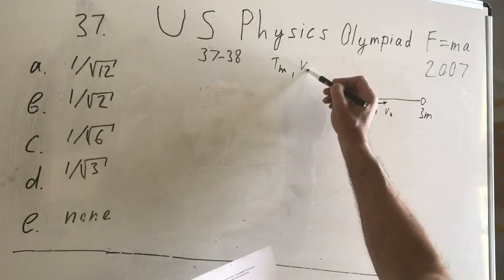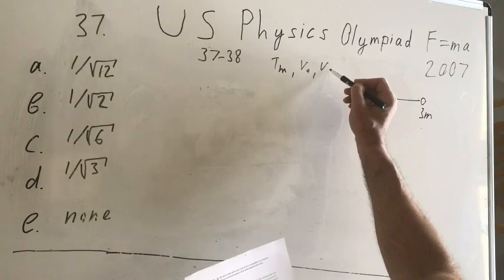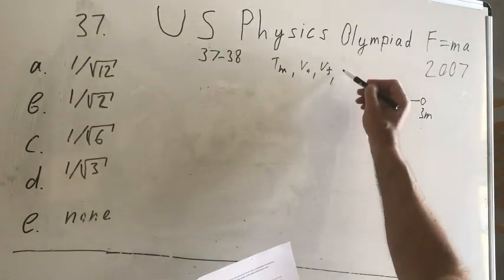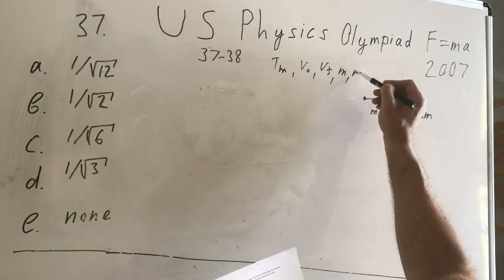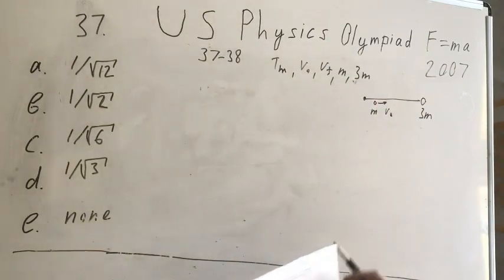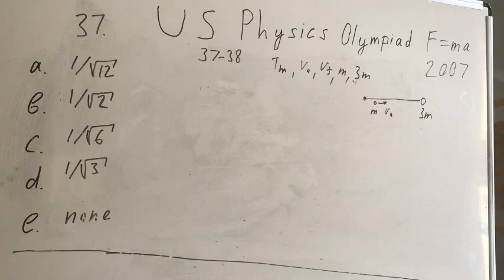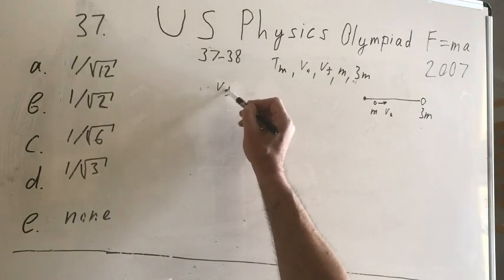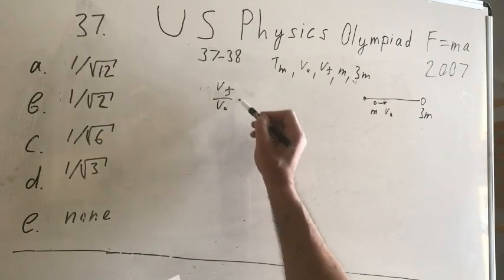So we have v0, V final, we have object of mass m, and we have object of mass 3m. All motion occurs on a horizontal frictionless surface. So the first question, that's problem number 37. What is the ratio between V final and V initial?